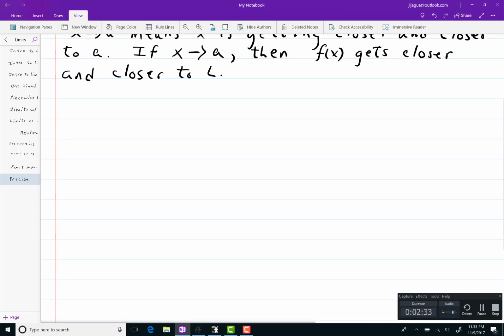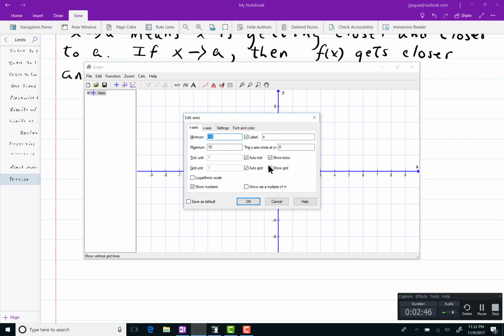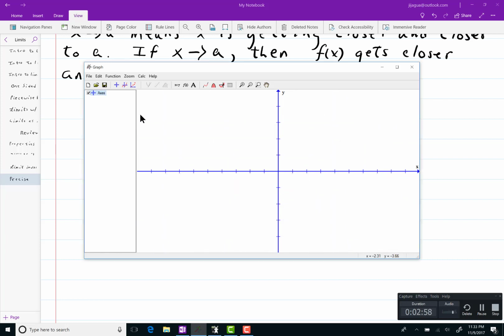Let me draw a graph. I think what I want to do right now is take all the numbers and anything out of here. So I don't want to show the grid. I don't even want to show the numbers, and I'll do that also for the y-axis. No grid and no numbers. So let me make a copy of this thing.